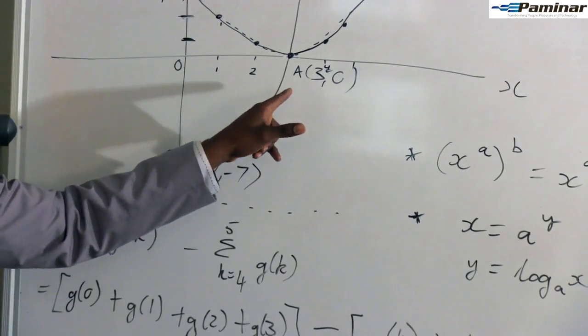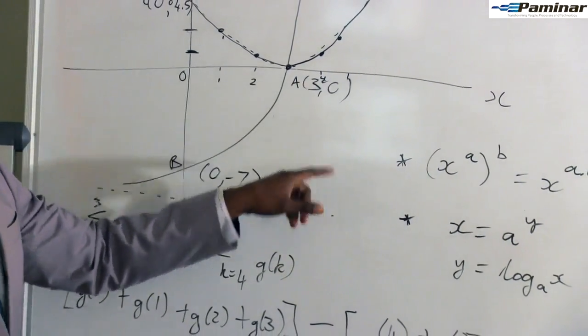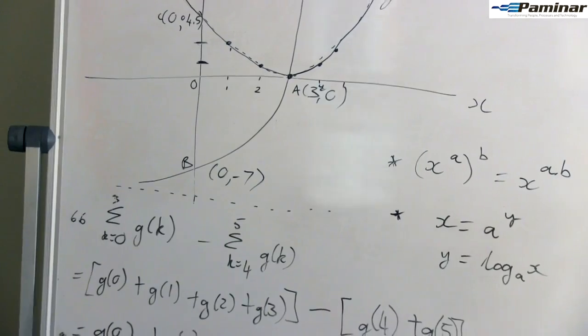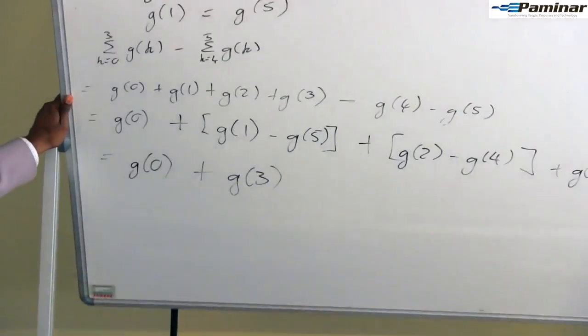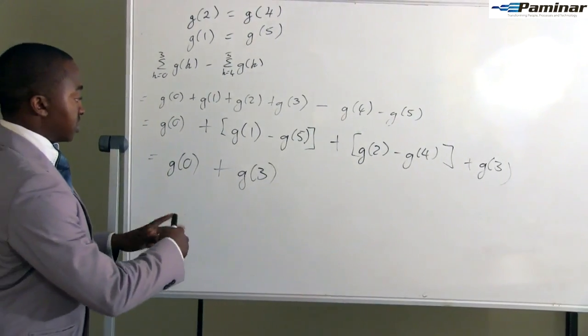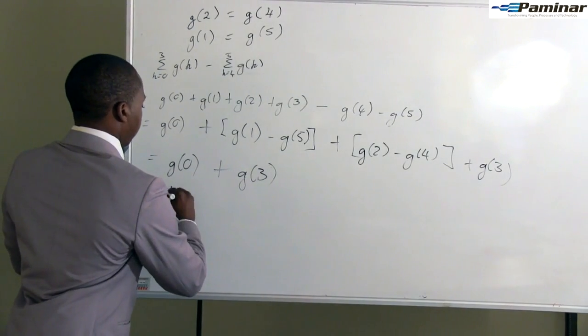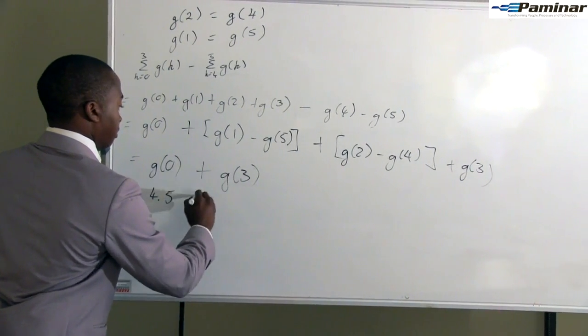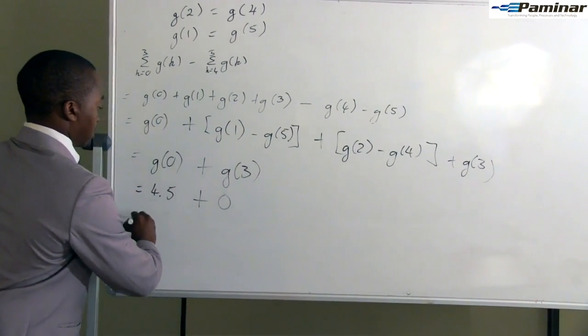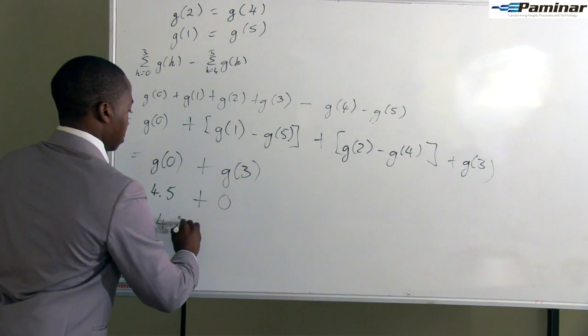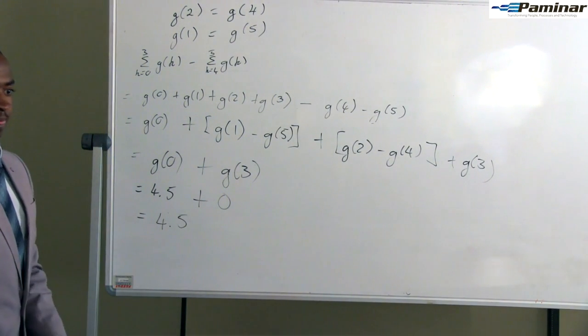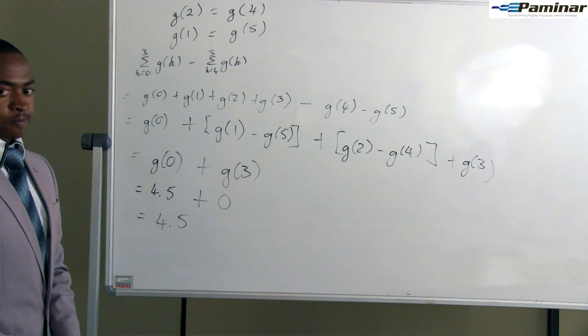The value for g when x is 3 is 0. So now we boil down to that conclusion. g of 0 is 4.5. g of 3 is 0. Your final answer should be 4.5. Does it make sense?